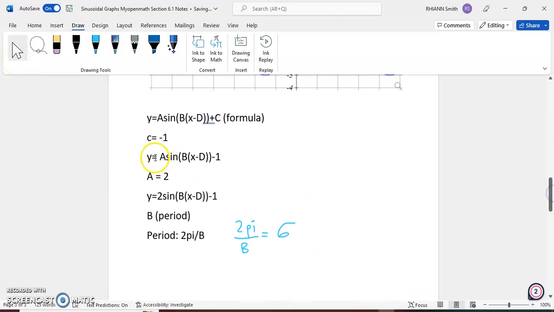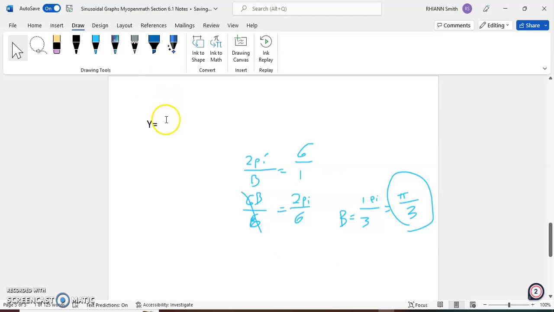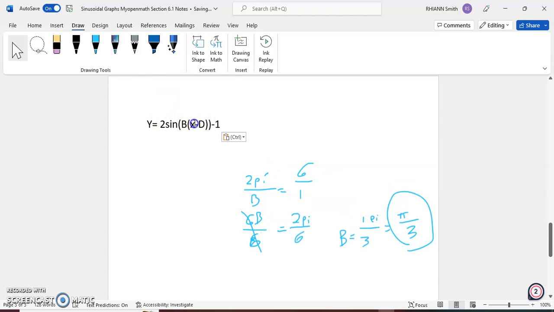y equals, let me just copy and paste what we have here. Okay. So this is our formula that we have so far.